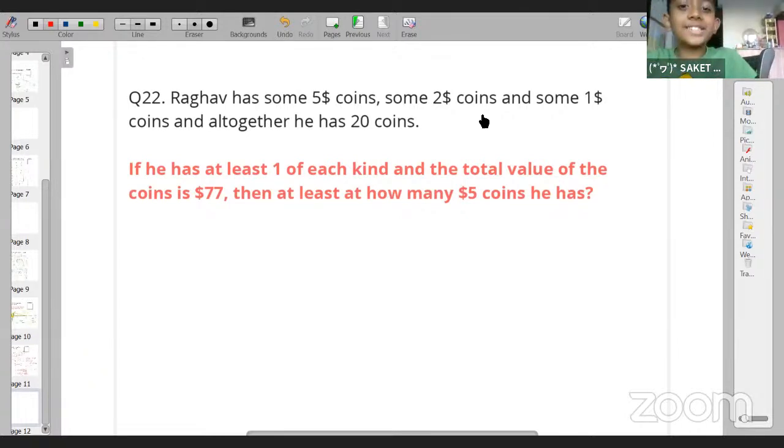So that means 2 coins, if it is a minimum of one of each kind, and 77 is okay. So that means if we have a minimum of one $2 coin and a minimum of one $1 coin, then to make it divisible by 5, if you minus $2 out of it, you'll get 75, which can be divided by 5.